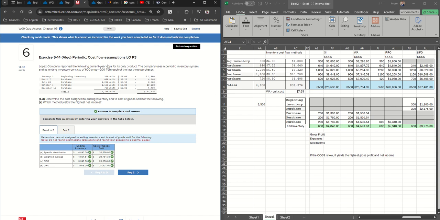First of all, we have to understand the exercise. In this case, if you can recognize, the ending inventory consists of 600 units. Those 600 units were left, they were not sold.